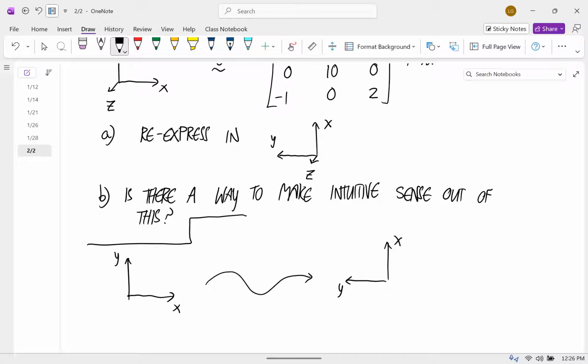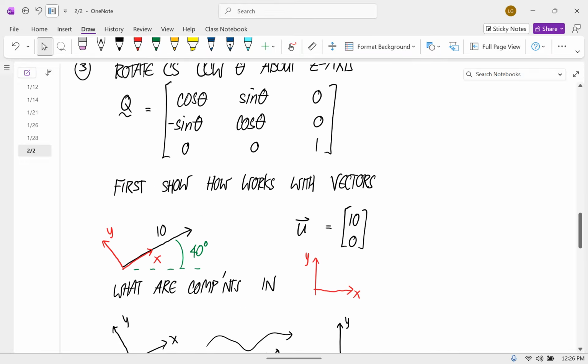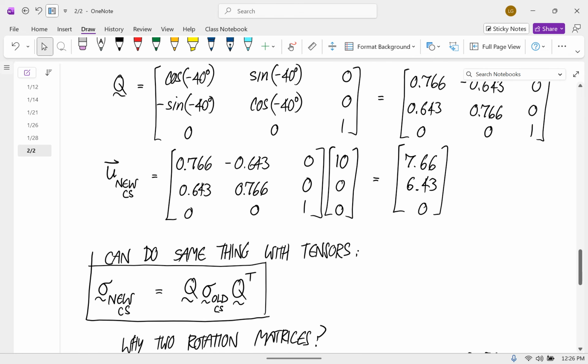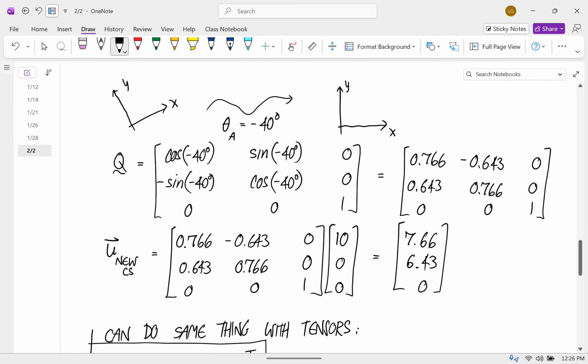Z, and it's a 90-degree rotation, clockwise or counterclockwise? Counter, so yeah, we're going positive 90 degrees about Z. On the last one, I don't know if I wrote this is about Z also.